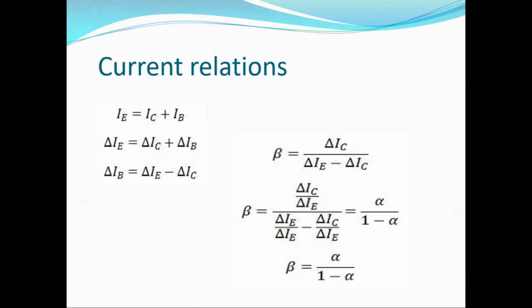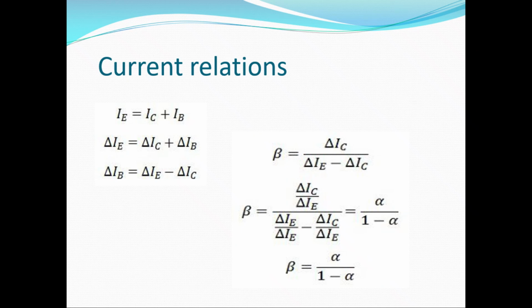Current relations. In a transistor, IE is equal to IC plus IB. If we let IC and IB change by small amounts delta IC and delta IB so that IE changes by delta IE, we have delta IE is equal to delta IC plus delta IB.